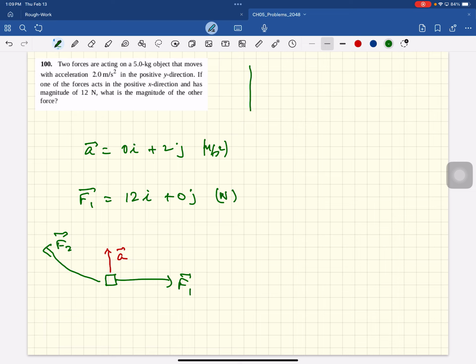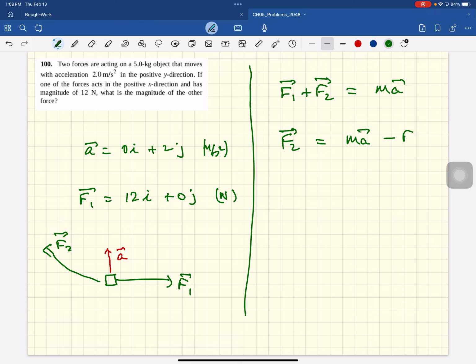All right, well, what does Mr. Newton tell us? F1 plus F2, those are the only two forces acting on the object, is mass times acceleration. So F2 is ma minus F1. Mass is 5 kg and acceleration is 0i plus 2j minus 12i plus 0j.